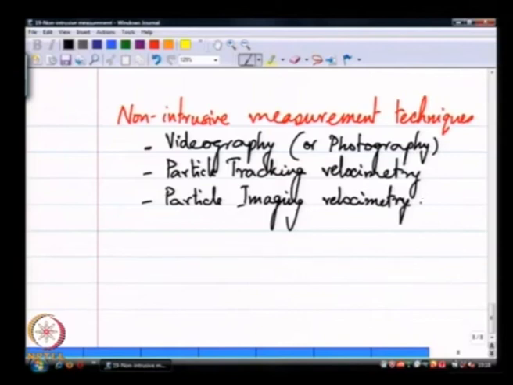Particle imaging velocimetry is a technique that is used to obtain the velocity field given a certain set of particles that are in motion.